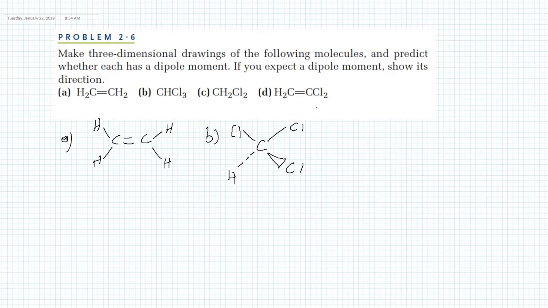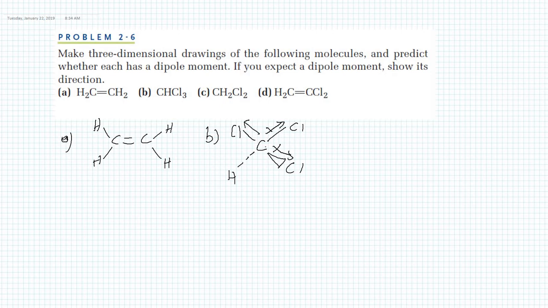Then let's draw bond polarity vectors. So which one is more electronegative? Of course, chlorine is more electronegative. So we are going to have here a dipole moment vector or bond polarity vector, and here another vector, and here another vector.